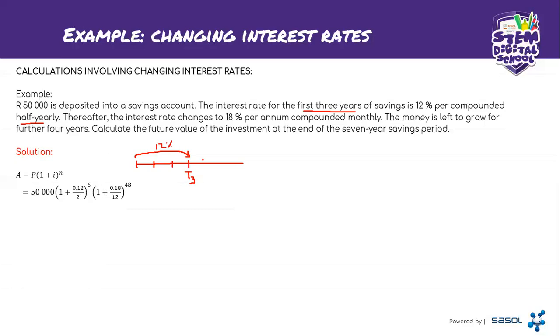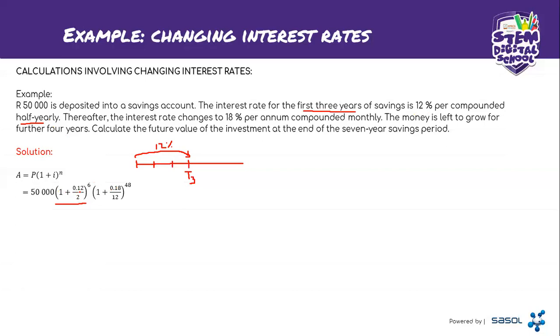What is compounded half yearly? Now let's come to the first bracket and see. Now it says 0.12, meaning this 12 you divide by 100, then it's going to give you 0.12. Then it says compounded half yearly, and we agreed that half yearly is 2.